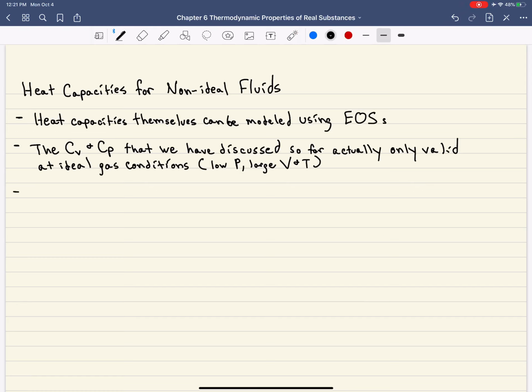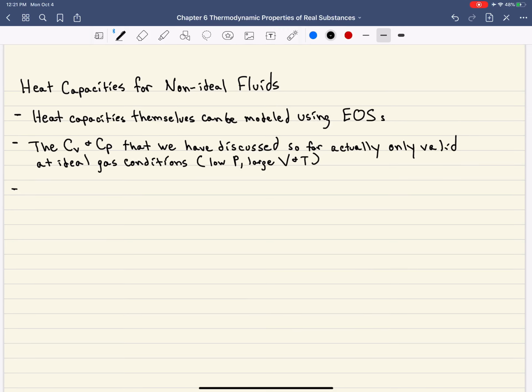And the reason for that is because the constant volume heat capacity, if we just focus on that first, actually itself has a volume dependence, even though it's for a constant volume system. Okay? So despite its name, CV actually has a volume dependence.